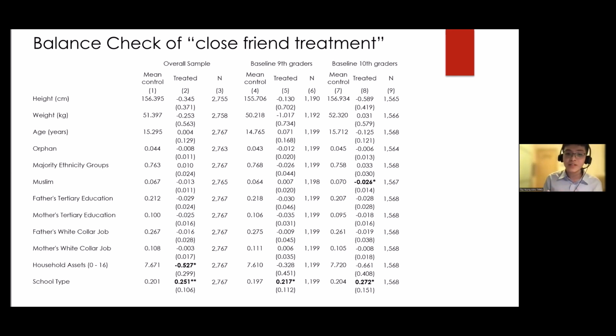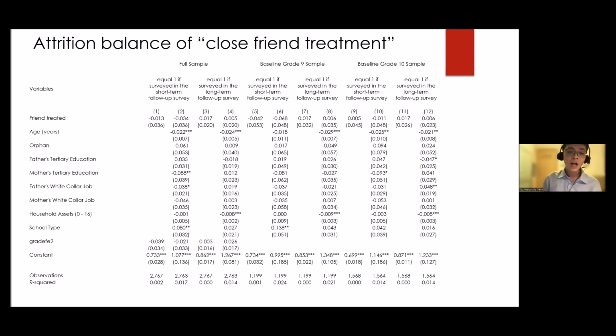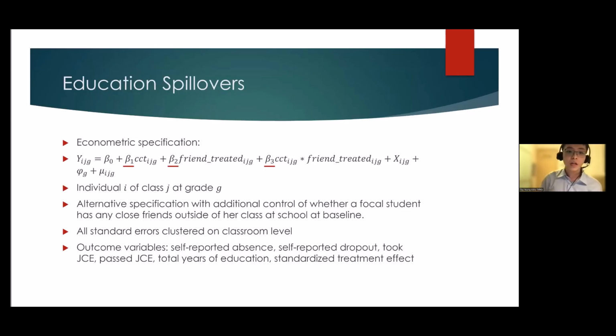But only 5 out of 36 statistical tests were statistically significant, so we have relative reassurance that this close friend treatment might have been exogenous. For attrition, there's no evidence of any differential attrition, which also gives us relative reassurance.